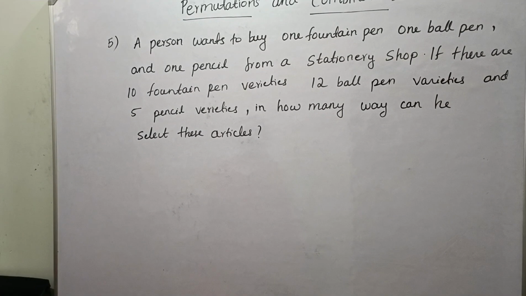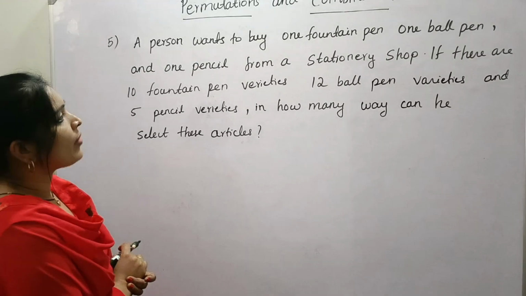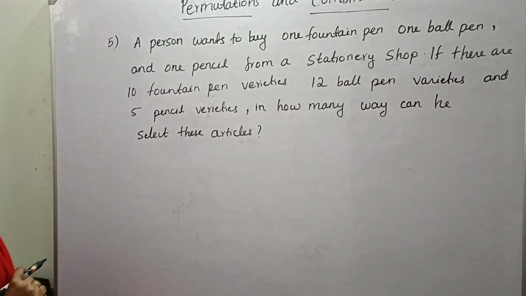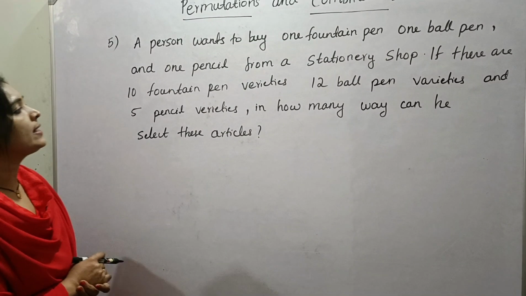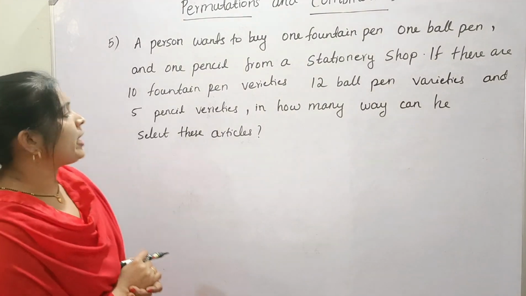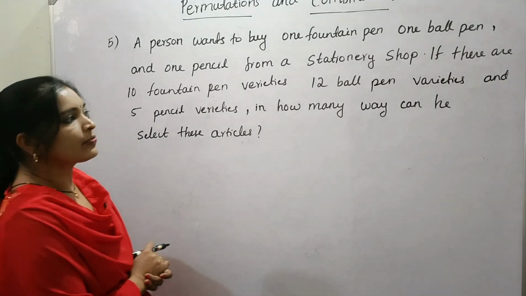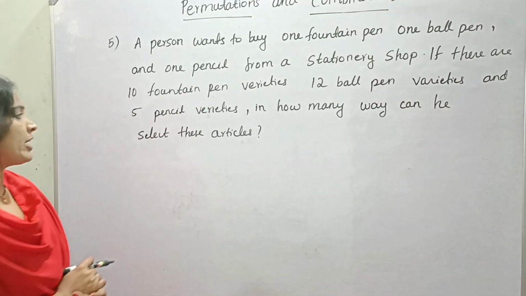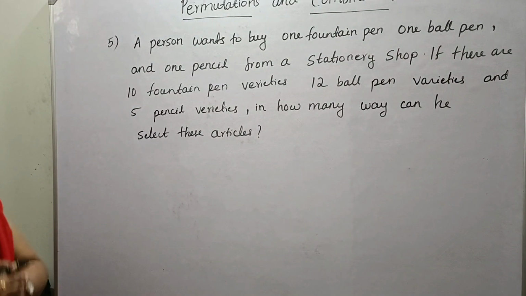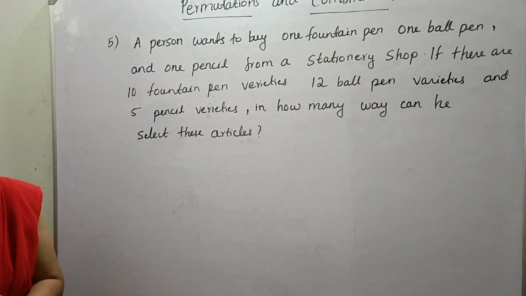Next question. A person wants to buy one fountain pen, one ball pen and one pencil from a stationery shop. If there are 10 fountain pen varieties, 10 ball pen varieties and 5 pencil varieties, in how many ways can he select these articles?